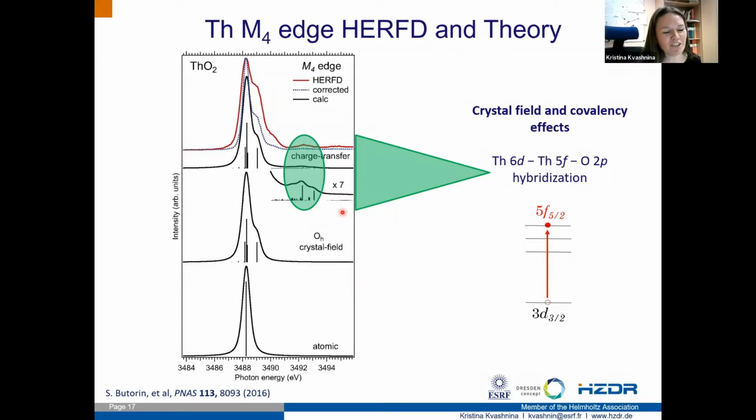But this was a really nice example to show that this is not always the case. It very much depends on which actinide compound we study, and of course on the availability of experiments and satisfying theories which can explain the experimental spectral features.